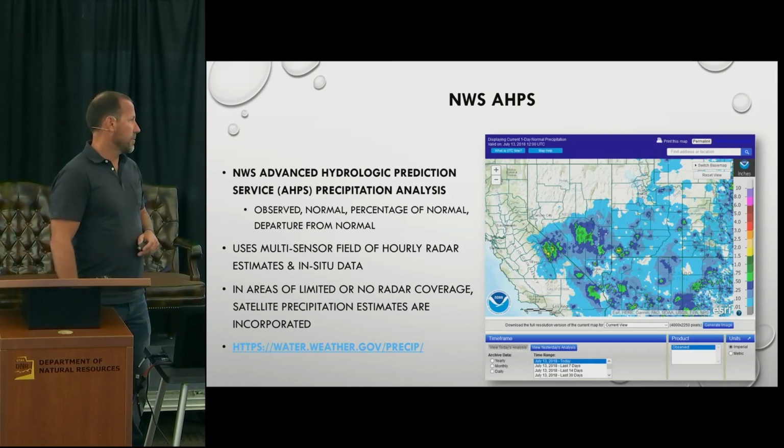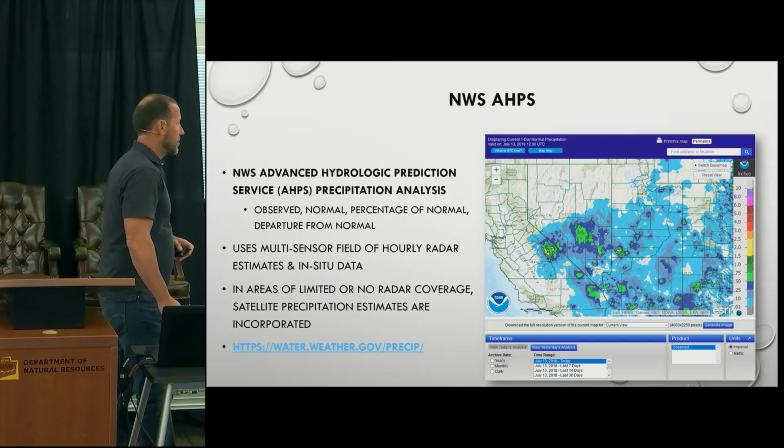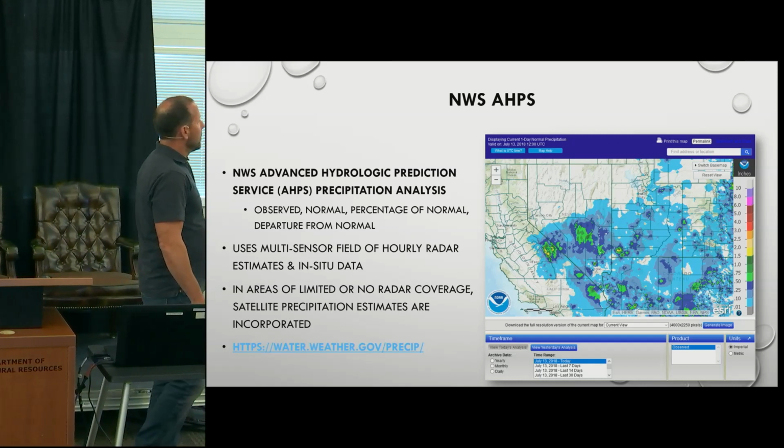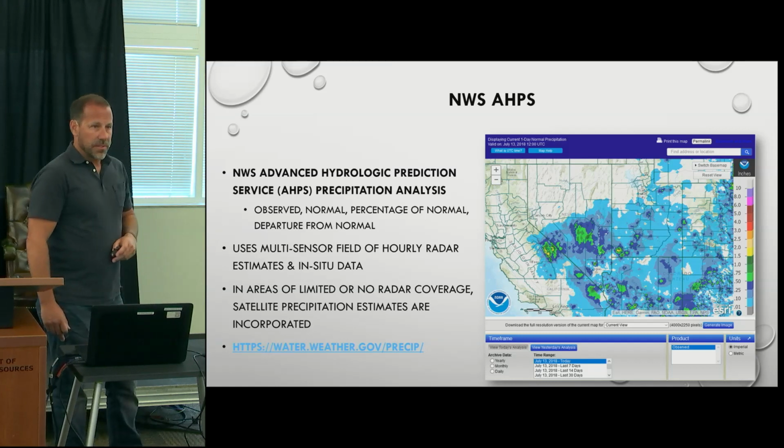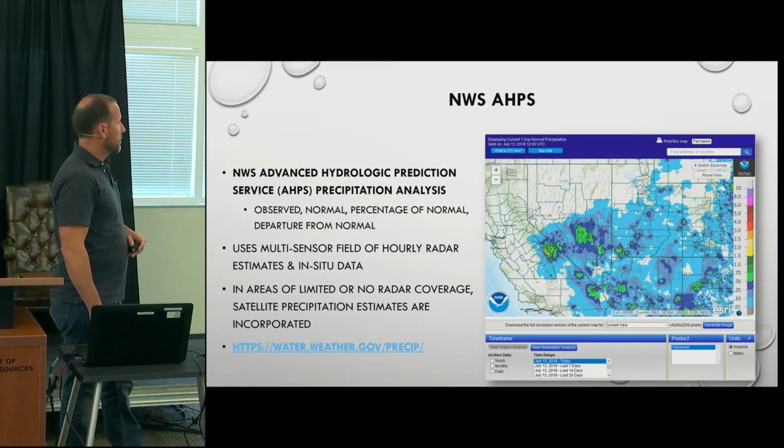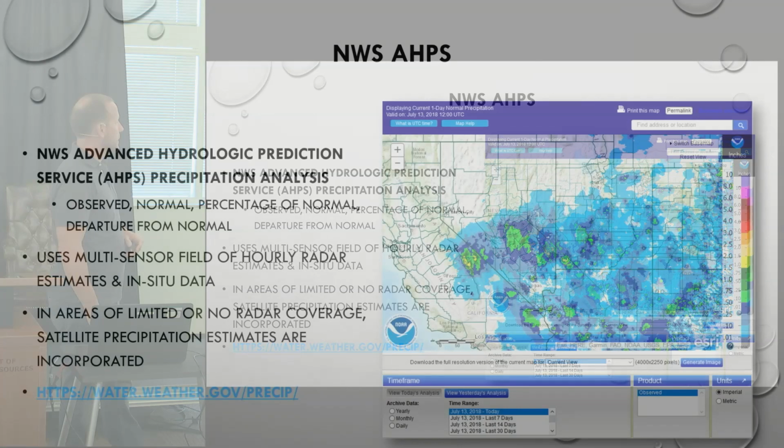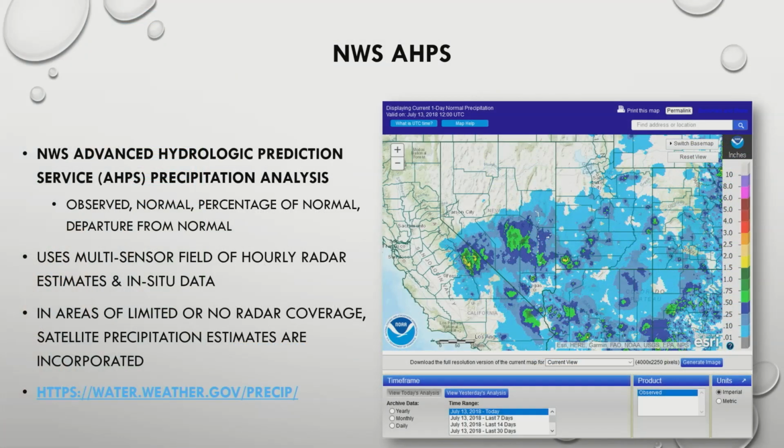So first, looking at some of the meteorological and climatological data, we use the National Weather Service AHPS precipitation analysis data, and I think it updates every hour. And again, this is a mix of radar data and observational data, and satellite precipitation estimates for areas where there's not radar coverage.